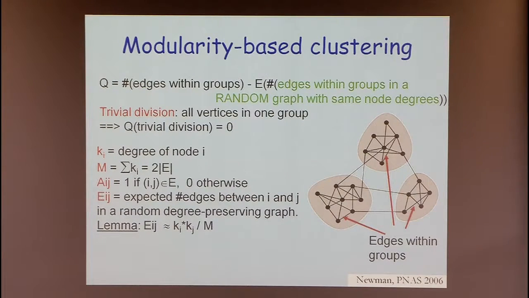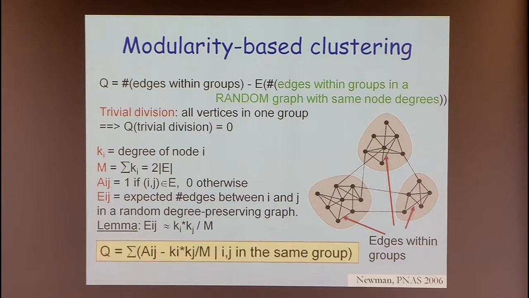And I don't have time to show you that, but it's really an easy observation. And once you believe in that, then you can write the modularity function as the sum over all pairs of vertices that are put in the same group of whether they are adjacent or not, minus the expected number of edges between them.